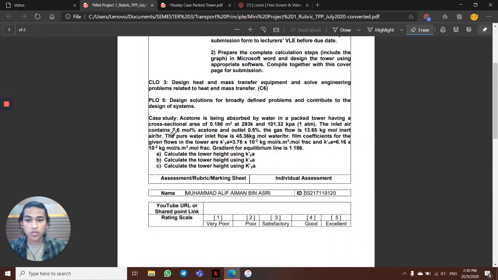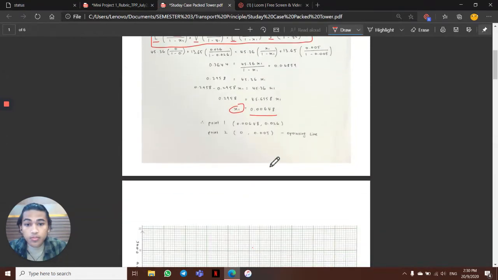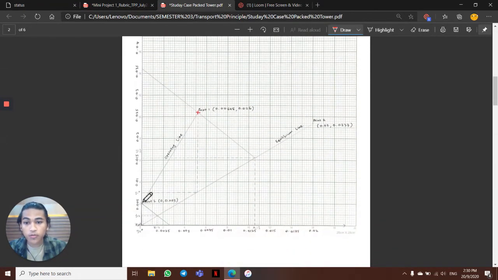If you notice, this is the mole percentage of acetone, 2.6, and if we divide by 100, we get 0.026. So we will get 2 points, point 1 and point 2.